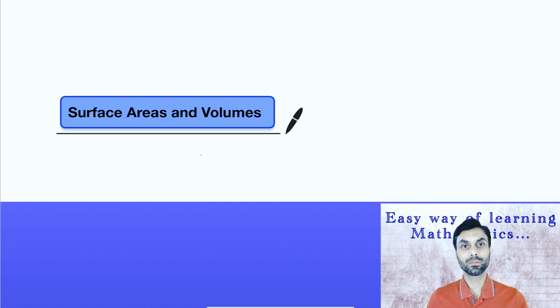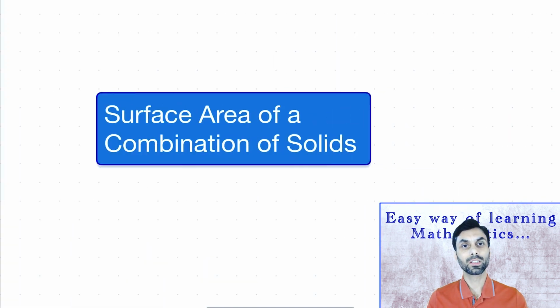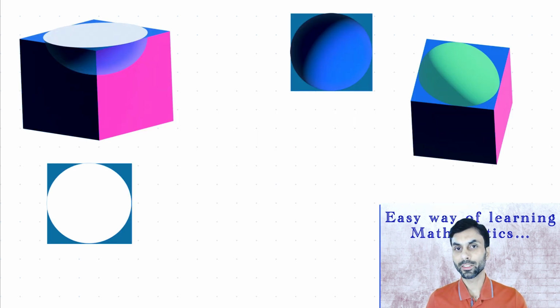Now, moving towards solving questions based on surface area of combination of solids, let's first discuss some of the basic types of objects which we find in our day-to-day life while solving the questions. So here the different objects which will be coming in our examination are these objects.